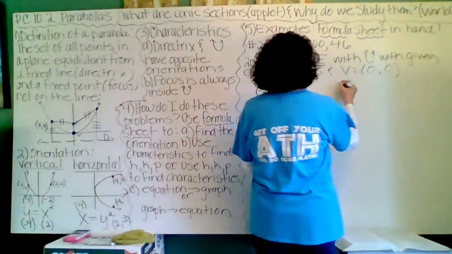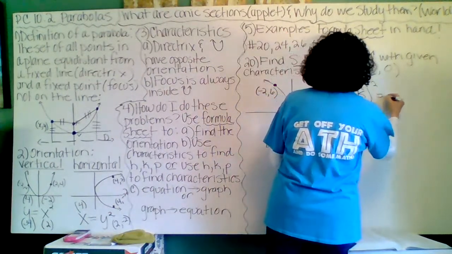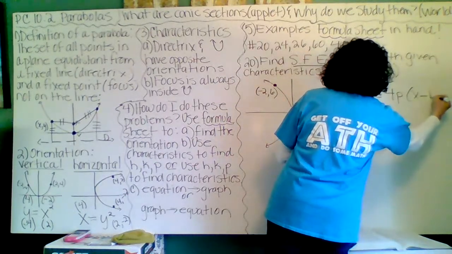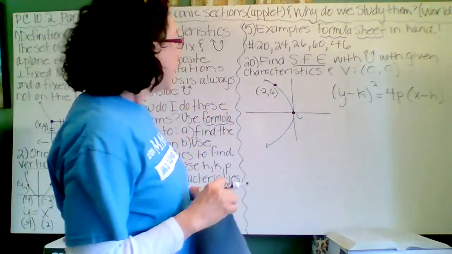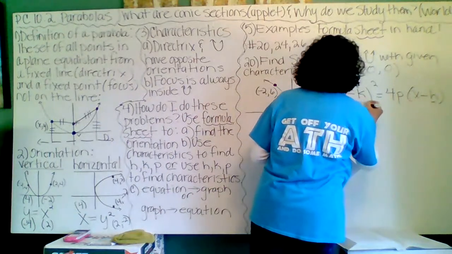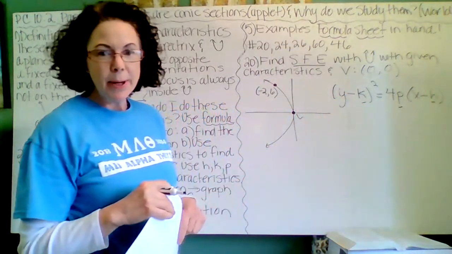And so I write it because now I can see what my goal is here. If I can fill in the H and the K and the P, then I am done writing this equation.